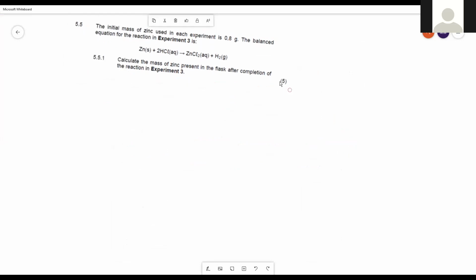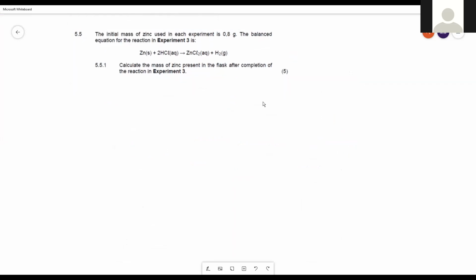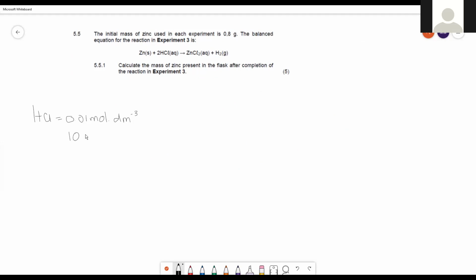Okay, so they're asking you that, and just remember that your HCl concentration was 0.01 moles per decimeter cubed. And there was 100 cubic centimeters in there.